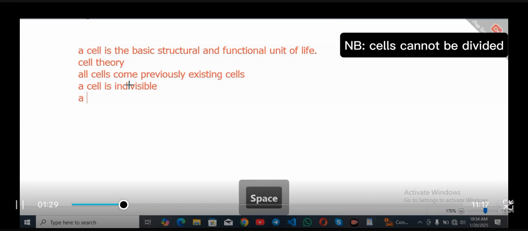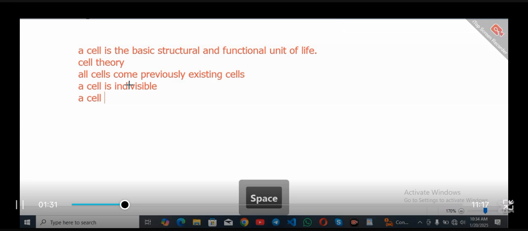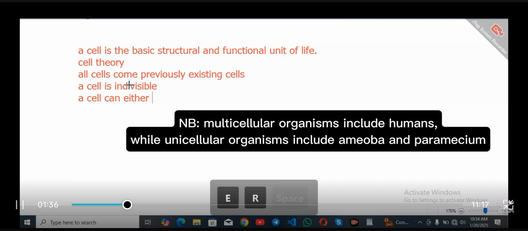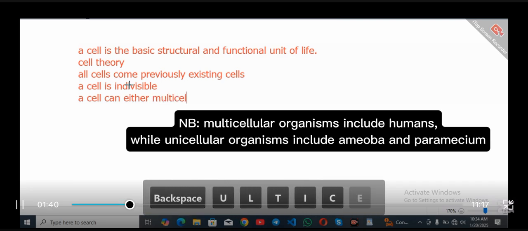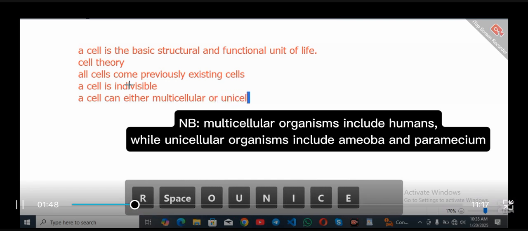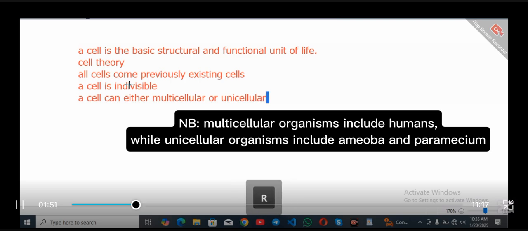Now, an organism can either be multicellular or unicellular. So those are just some of the basics. There are still more, but I'll leave a link in the video to check some of the cell theory and read them on your own.